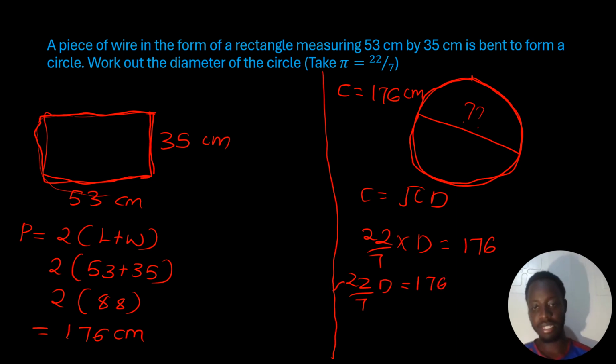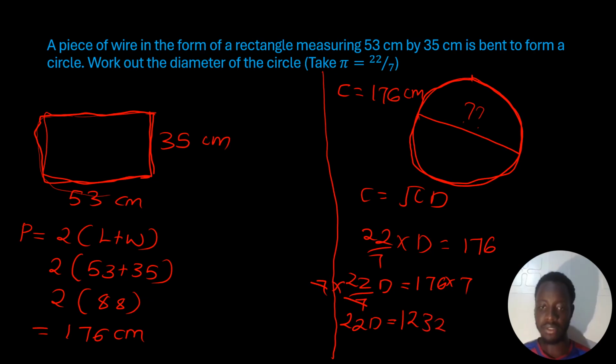Let's multiply both sides by 7 to remove the denominator. So we have 22d is equal to 176 times 7, that is 1232.